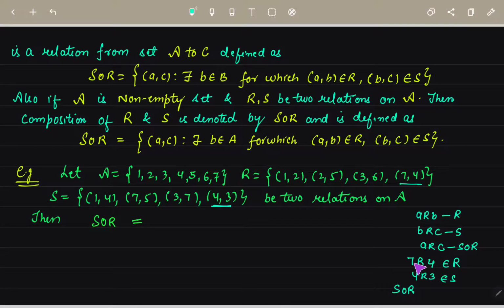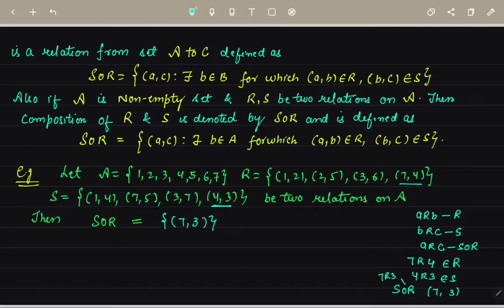S composition R will be A is related to C. So A is here 7, and what is C? C is 3. So clearly I will write that 7 is related to 3. So this belongs to S composition R. So clearly S composition R is equal to the ordered pair (7, 3).